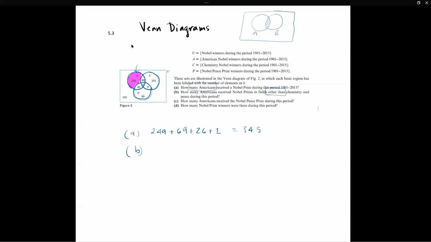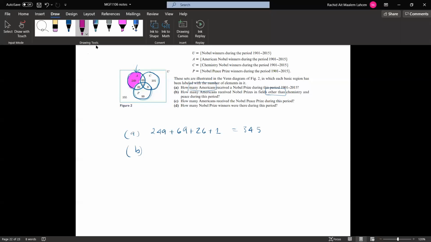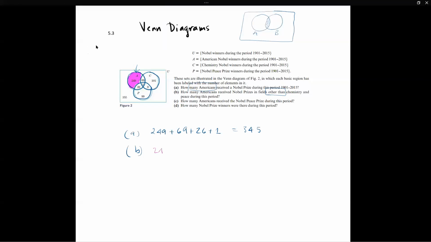So other than these two disciplines is going to be that 249. How many Americans received the Nobel Peace Prize during this period?